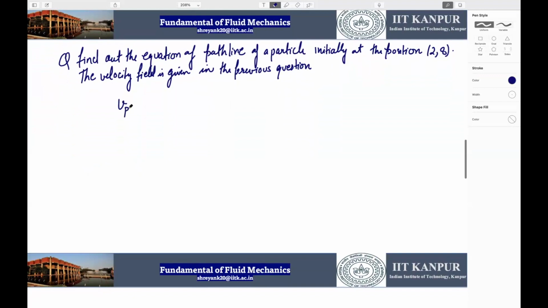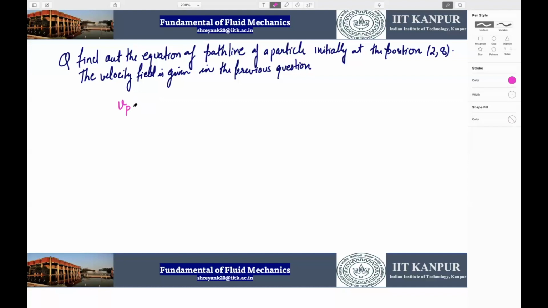Okay, so now the particle will follow the same flow field, so the particle velocity can be taken as dx by dt, because we are now following the particular particle.